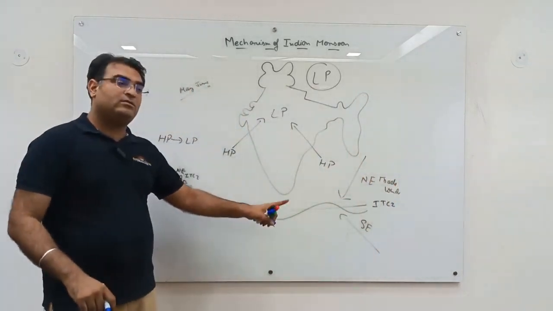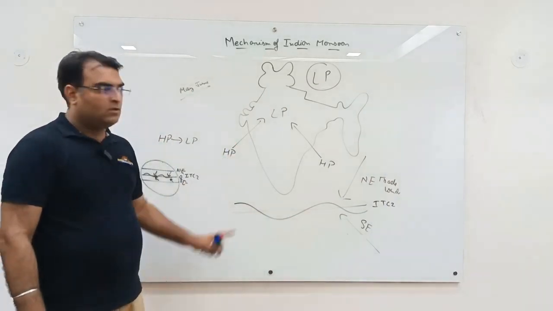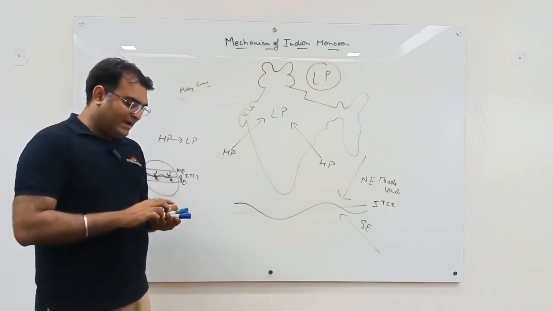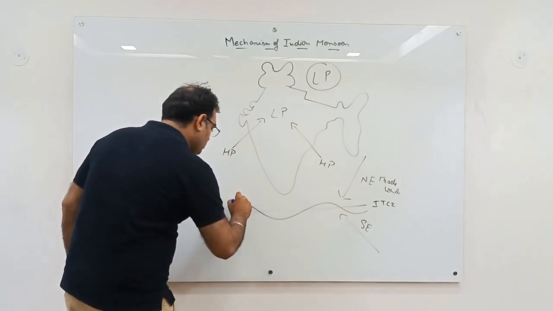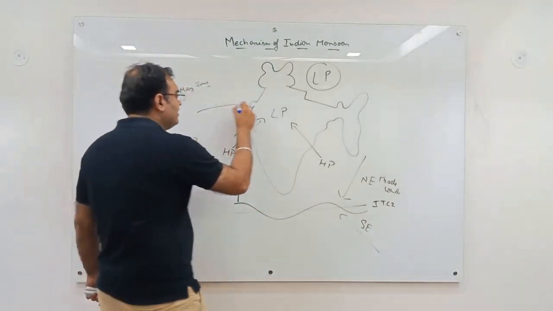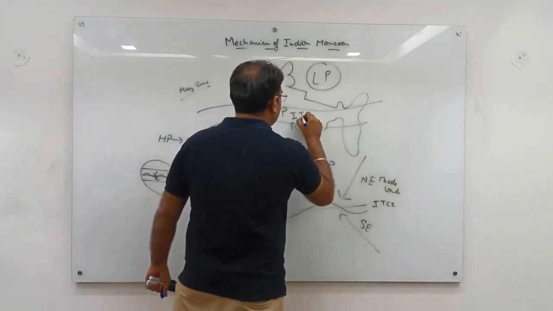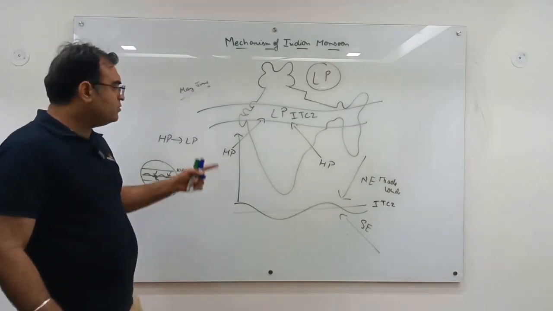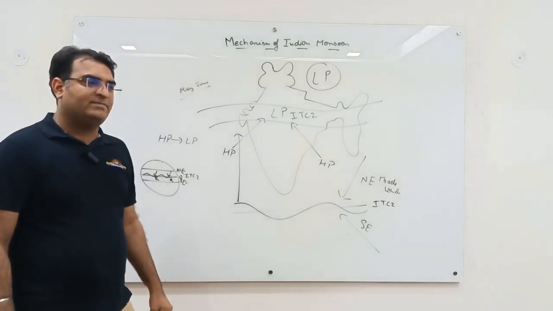this ITCZ never remains over the equator throughout the year. With the apparent movement of the sun towards the northern hemisphere, the ITCZ is going to shift from the equator towards the northern plain region, because in the month of May, as we already discussed, the sun is going to be directly overhead over the Tropic of Cancer, which results in the shift of the ITCZ from the equator towards our northern plain.